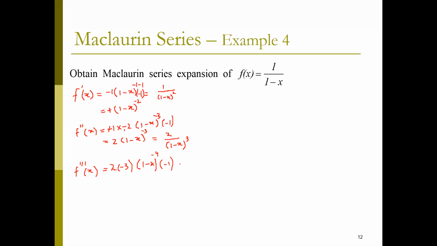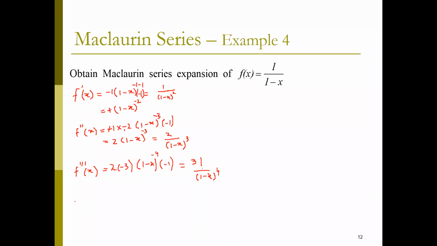So that can also be written as 2 into 3, which is 3 factorial divided by 1 minus x raised to the power 4, and so on.